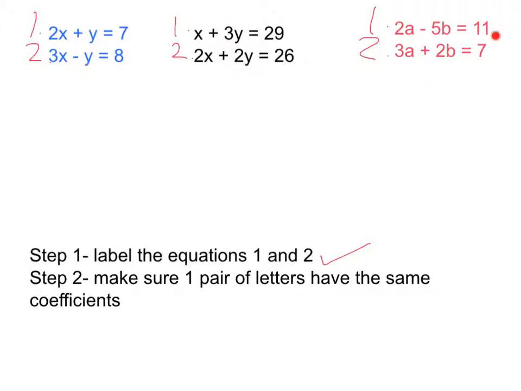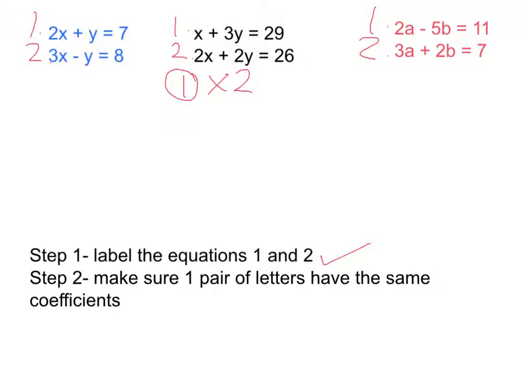And the same for the third example. We haven't got two that are the same. So what we need to think is, what do we need to do to equation 1 to get a coefficient the same as 2? The easiest way to do this one will be to make the x into 2x, and we can do that by taking equation 1 and timesing it by 2.